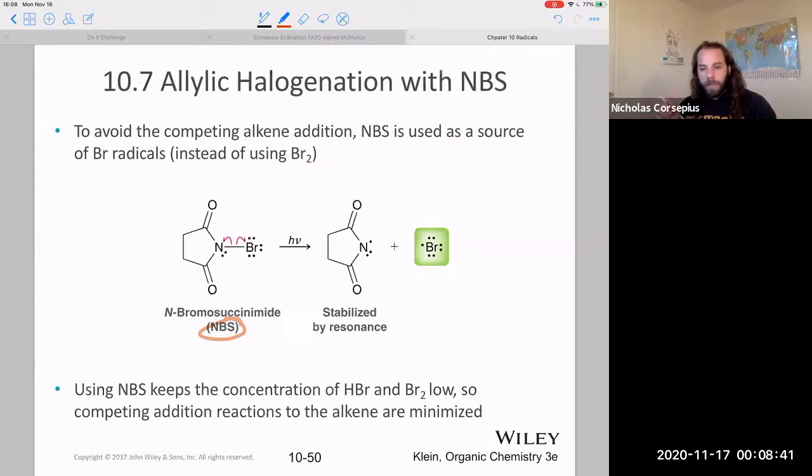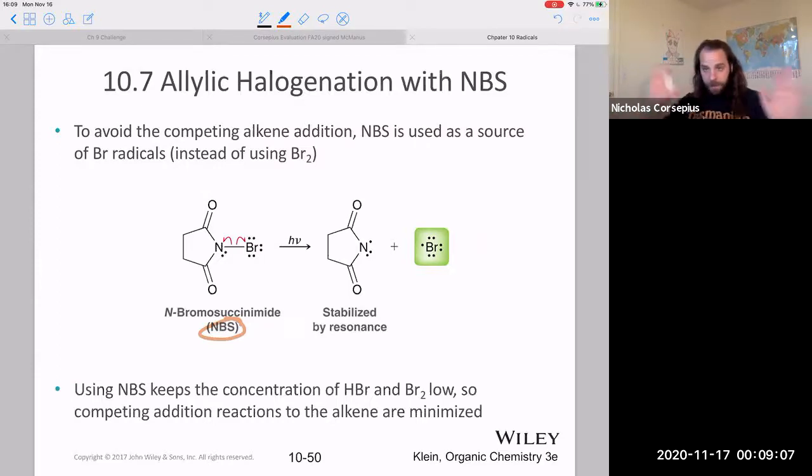It keeps the concentration of radicals very low, and the only radical that can form and stay there for a long time is the allylic radical. If you did have a radical addition to the double bond, you would just end up getting elimination, because it doesn't want to sit there with a secondary radical like it would be okay with sitting there with an allylic radical.